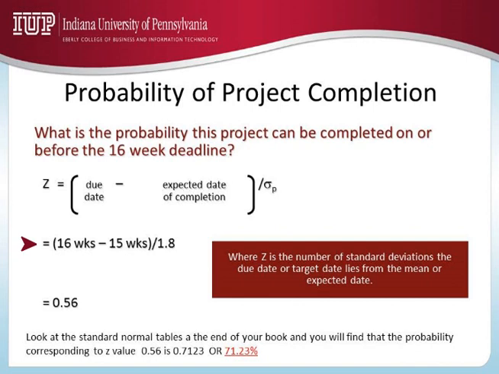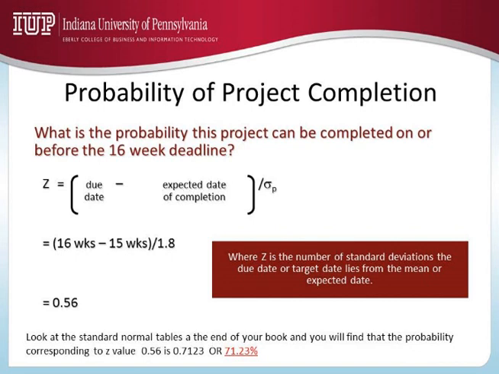So if you do this simple math, 1 divided by 1.8 is 0.56. The z value is 0.56, where z is the number of standard deviations the due date or target date lies from the mean or expected date. So the z value can go all the way up to 3.4, 3.5 in standard normal tables.